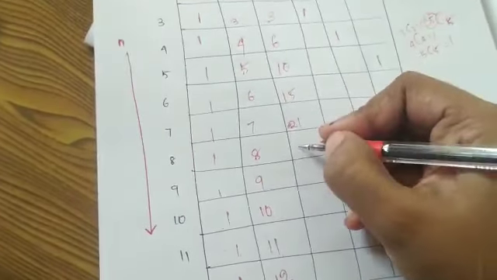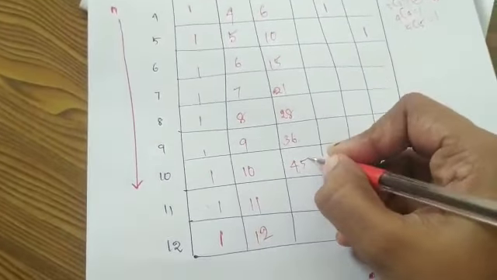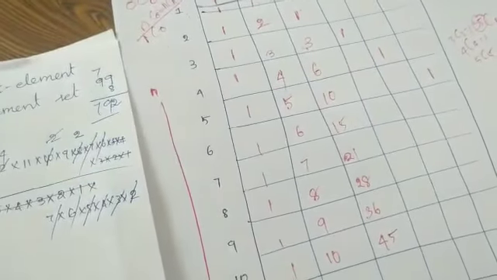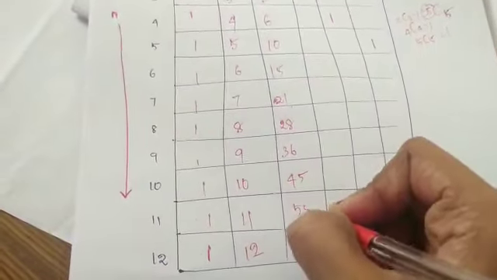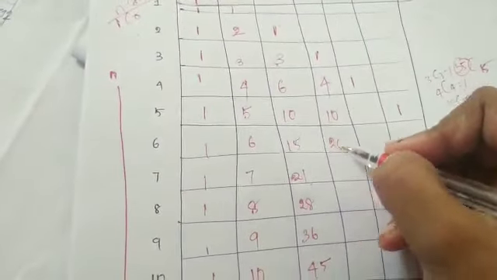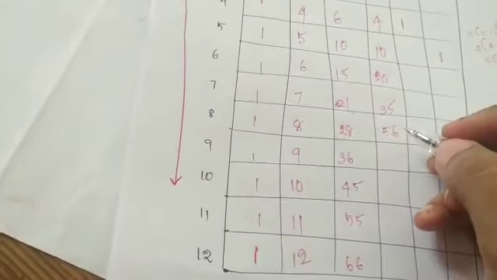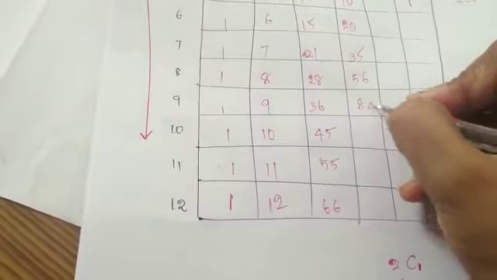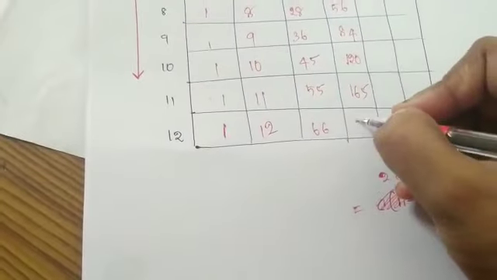21, 28, 36, 45, 55, 66, and here 4, 10, 20, 35, 56, 84, 120, 165, 220.